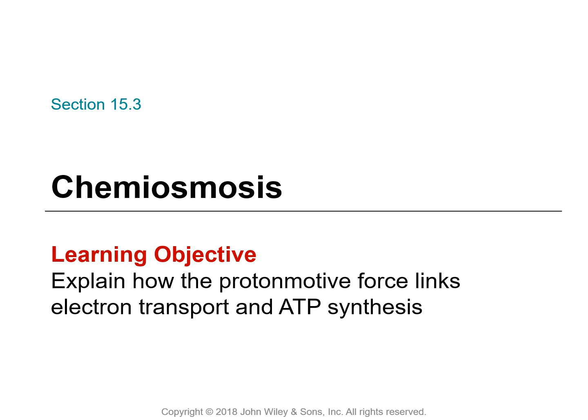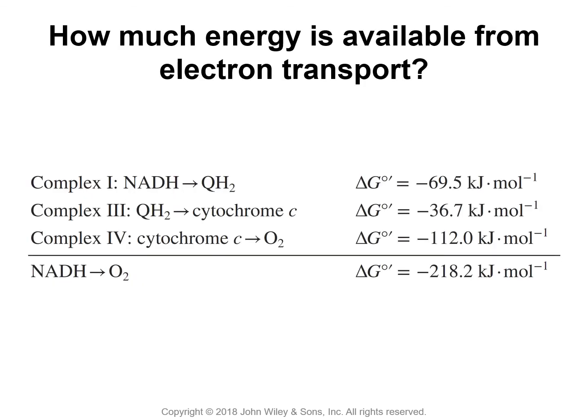However, their free energy has been conserved. And so what you see here, how much energy is available, this just shows you how this is collected over the different complexes, and it shows you the standard free energy for all of them.